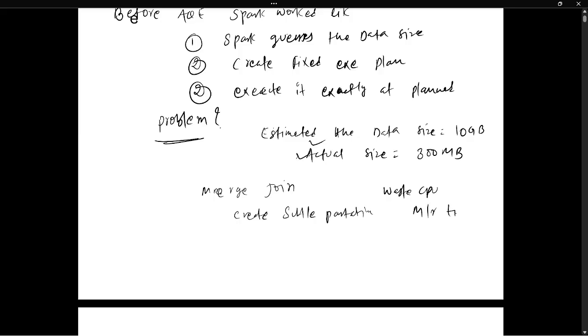It is estimating based on 10 GB, but we are getting actual data of 300 MB, so it uses a merge join and creates shuffle partitions, which wastes CPU and memory time. This was the reason AQE was introduced.